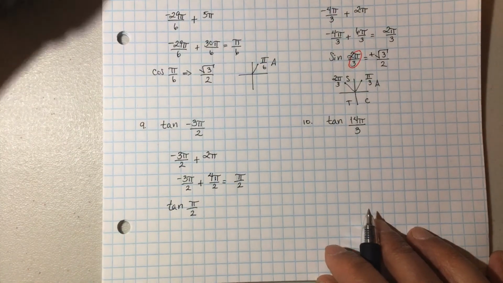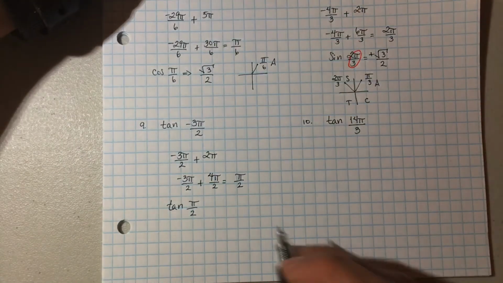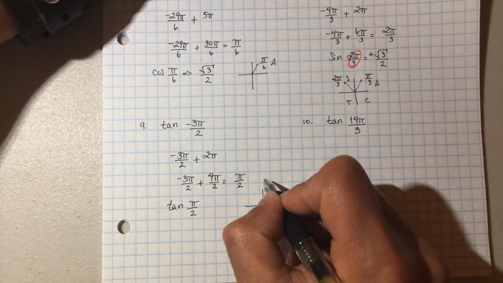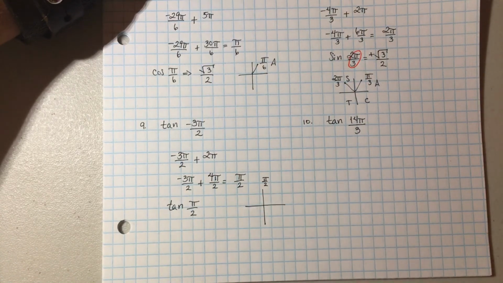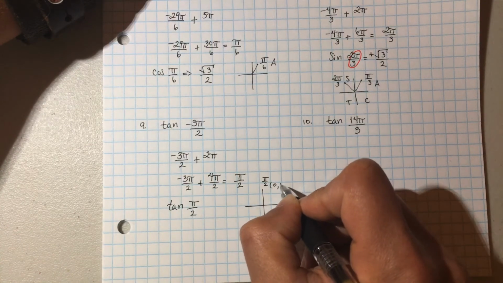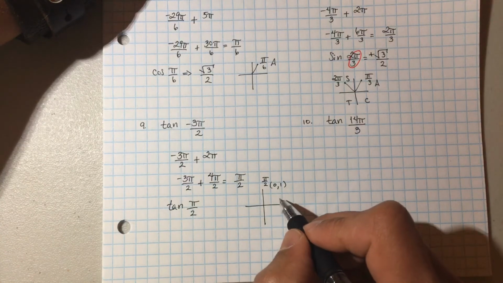Awesome. Well, how do I do pi over 2 in my hand? It's not there. Correct. So this is what you're going to do. Pi over 2 is actually over here, 90 degrees, remember? And what's the point right there? Well, that point is (0, 1). What's the definition of tangent? Sine over cosine.